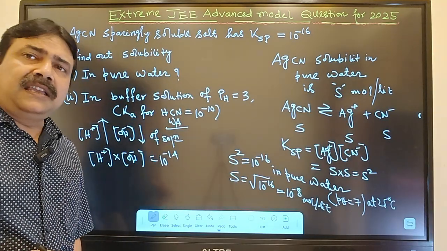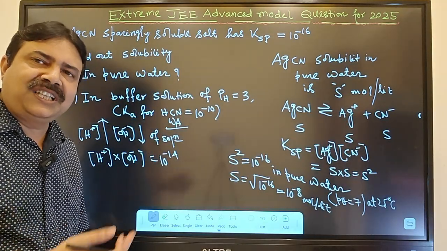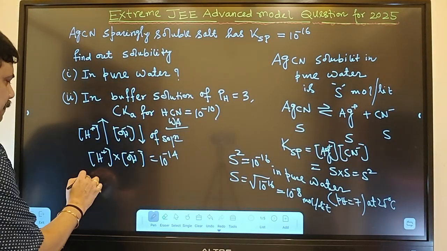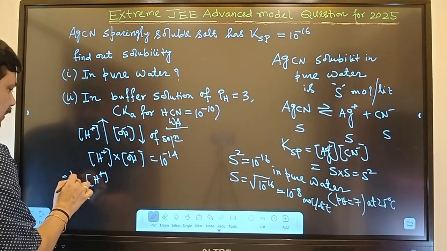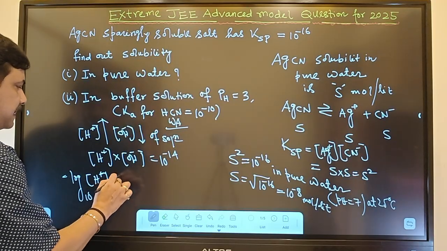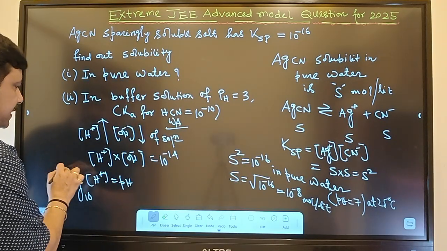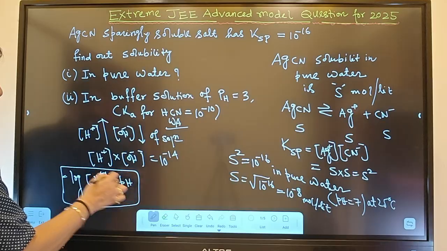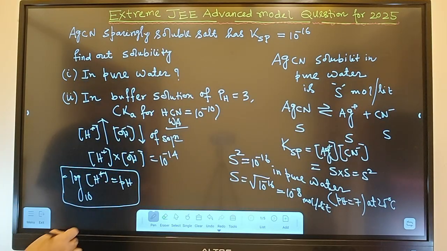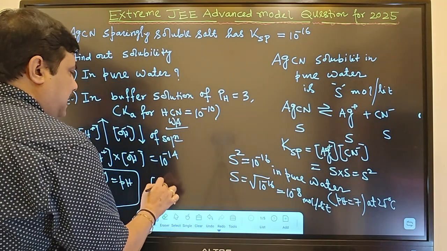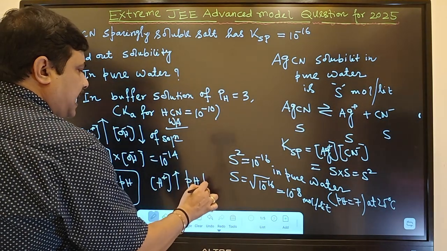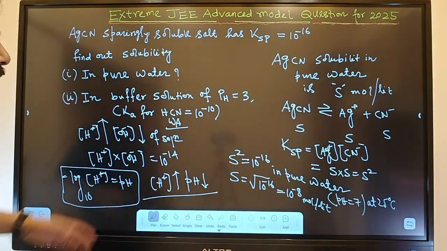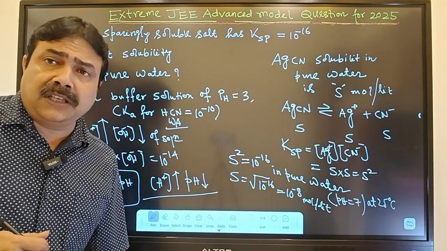That's why pH plus pOH equals 14, because we know minus log base 10 of H plus concentration equals pH. That means H plus concentration and pH are inversely proportional. If my H plus concentration increases, then the pH of the solution has to decrease. This is the fundamental idea of ionic equilibrium.